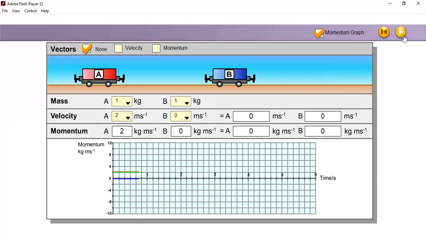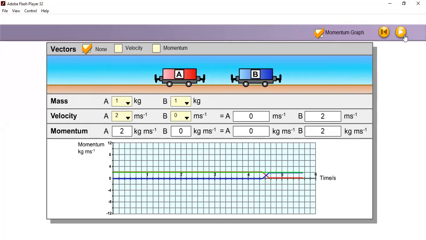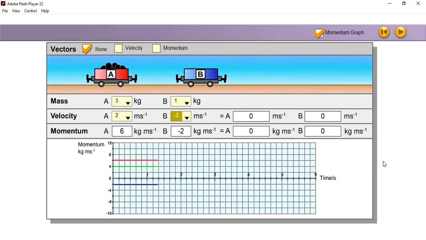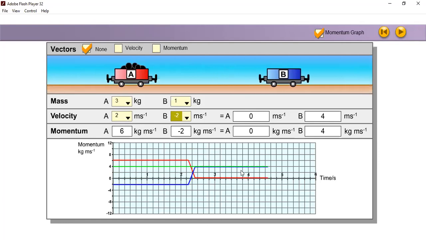Before collision and after collision, the green color will always be equal. Before collision and after collision, the green color is always equal: total momentum before collision and total momentum after collision are always constant.